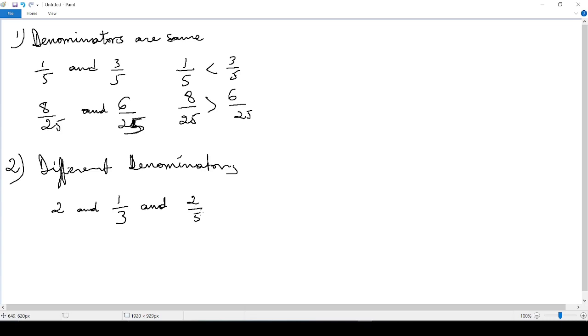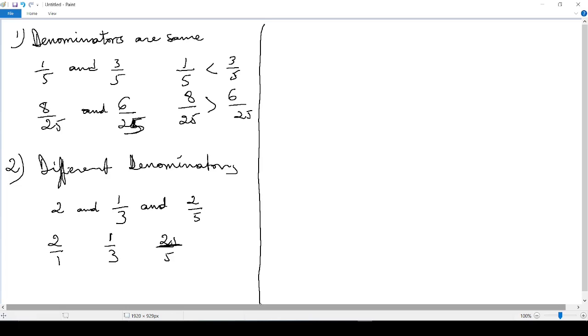We can rewrite our 2 as 2 over 1, and then our 1/3 and our 2 over 5. How do we find the LCD? We already saw that, and applying it, we have LCD equal to 15.